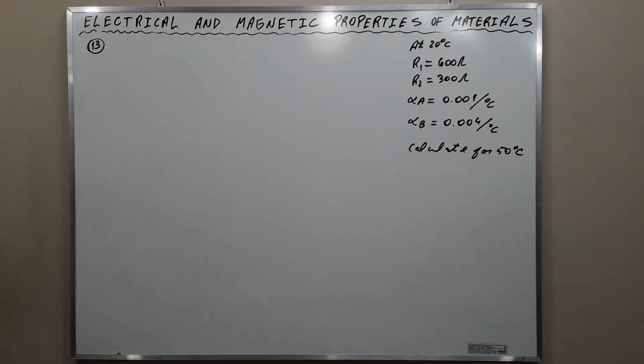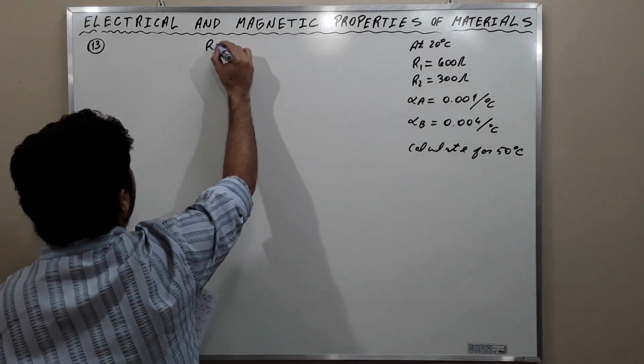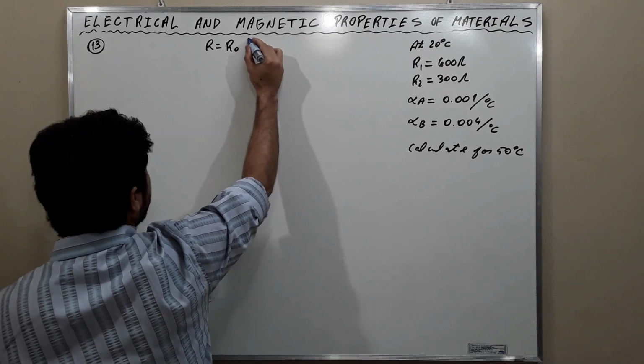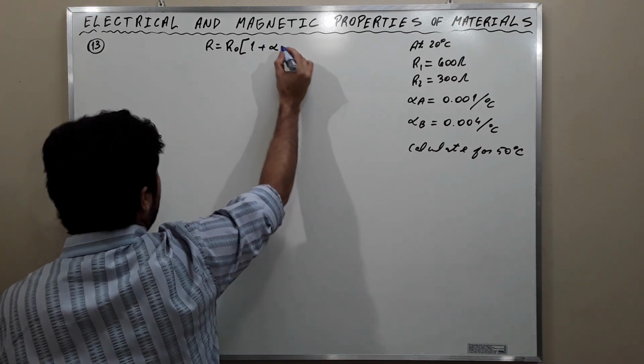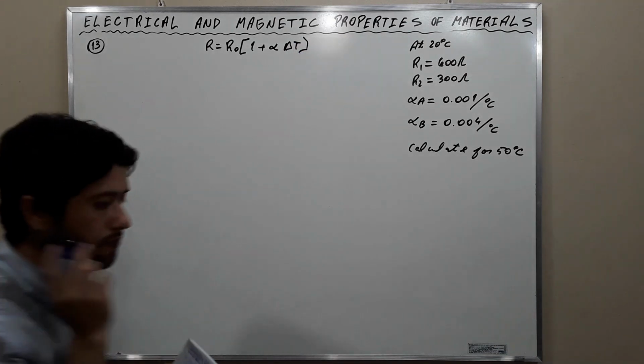The resistances were given for 20 degrees Celsius. To find the resistance for 50 degrees Celsius, it is necessary to use the temperature-dependent resistance formula. Okay, we are going to use that R is equal to R0 times 1 plus alpha delta T. Okay?